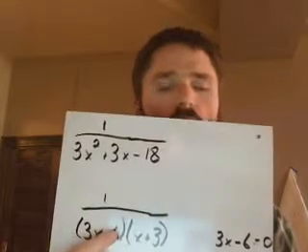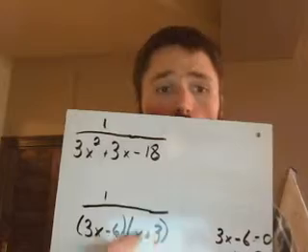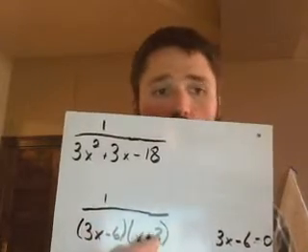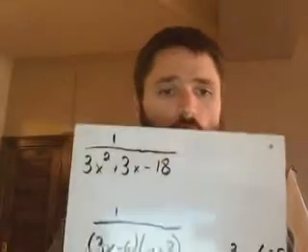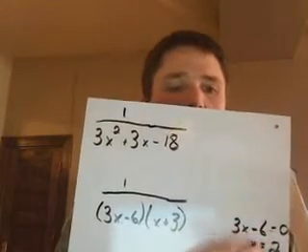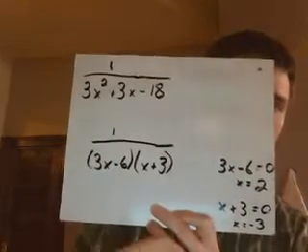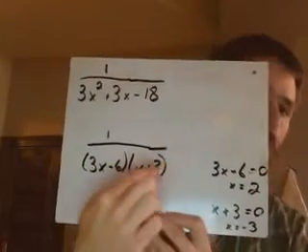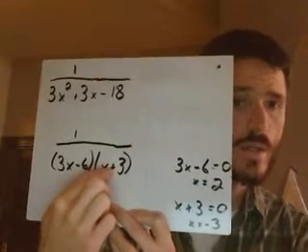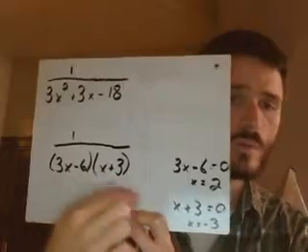If I plugged in a 2 here, I would get 0 for this side, which would make the whole thing 0. So I know that one of my vertical asymptotes is at x equals 2. And I know another one will be at x equals negative 3, because if you plug in a negative 3 to this piece, this part would be 0, and therefore the whole thing would be 0.